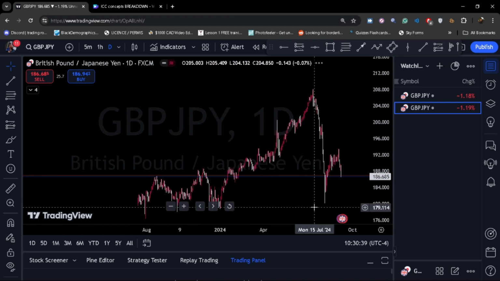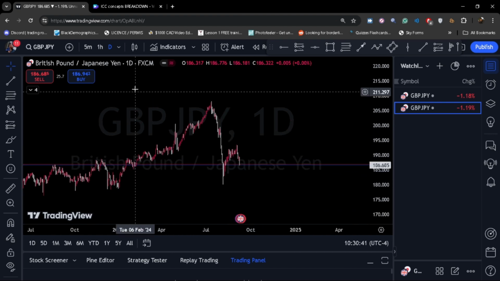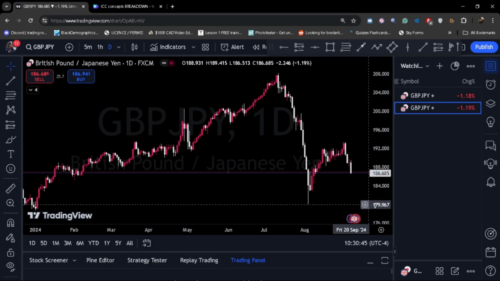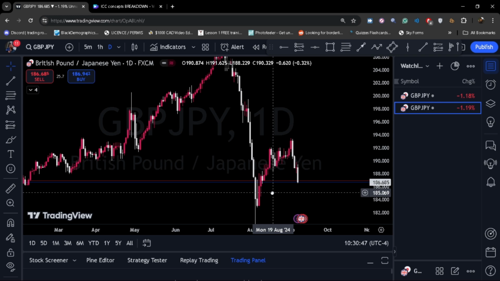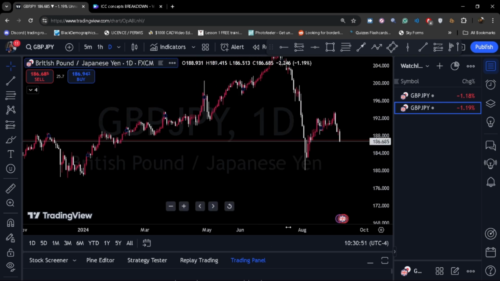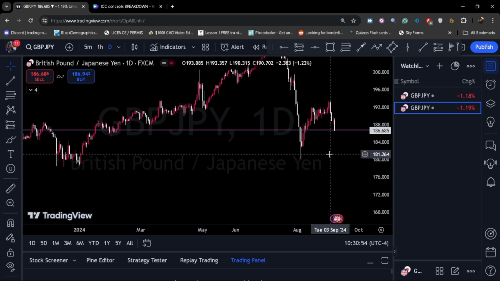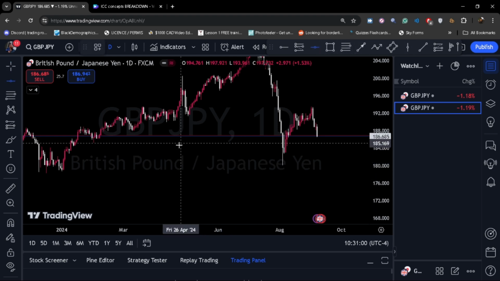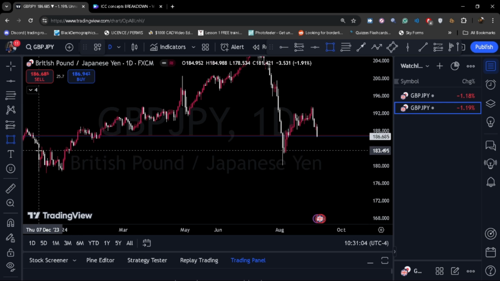When it comes to finding your area of interest, how I do this is very simple. I start from the daily time frame. I just look at where price is showing a separation between buyers and sellers. In this case, I can clearly see that price has an area of interest here. Around this area, price showed a big separation between buyers and sellers.